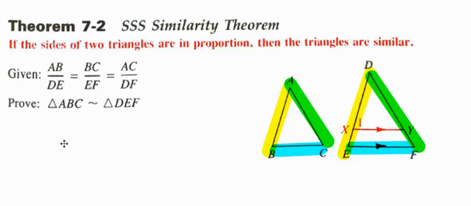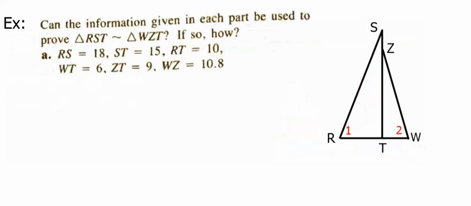So now that we have these two theorems, we can use them to see if triangles are similar to one another. So can the information given in each part be used to prove that triangle RST is similar to triangle WZT? So what I do is I try and highlight with a straight line the parts that are supposed to be similar.